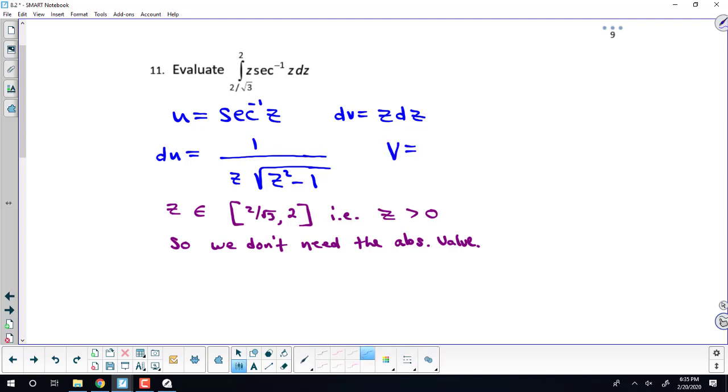v is the antiderivative of z, z squared over 2. I put this line through the z because my 2's and z's look similar sometimes. du is 1 over z root z squared minus 1 dz.